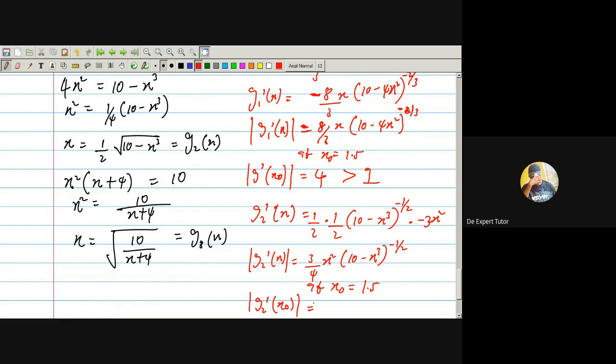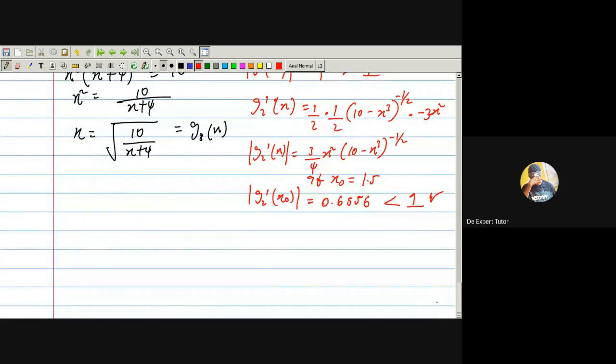So what do we get? 0.6556. Observe, this one is less than 1, right? Absolutely. Good. Let us test the third one before we conclude finally.